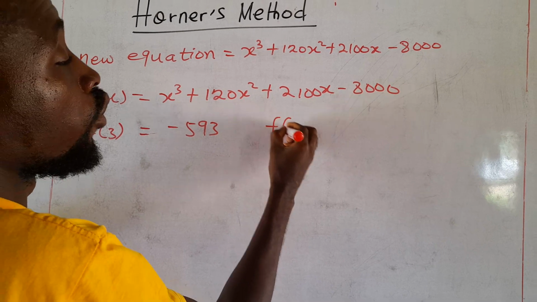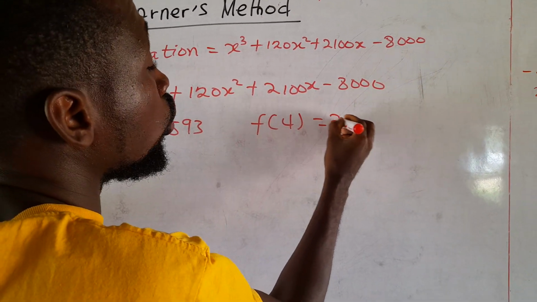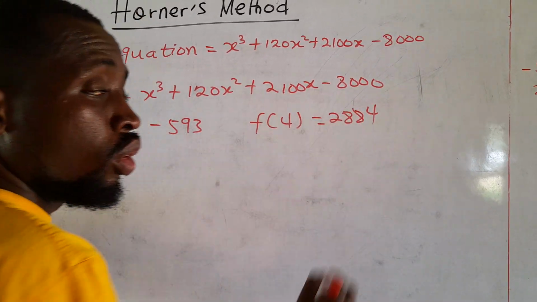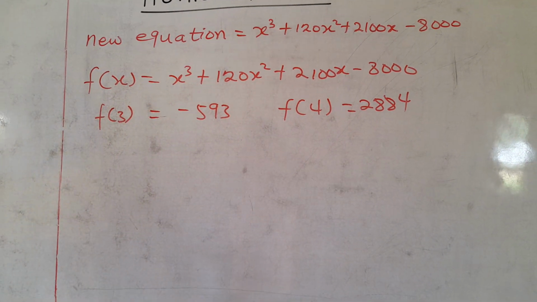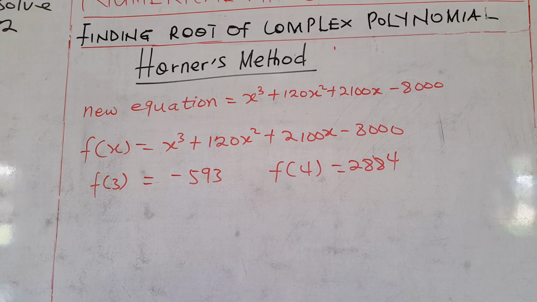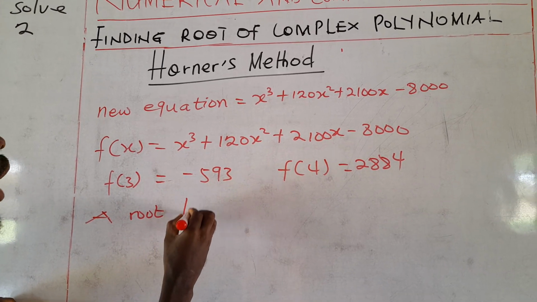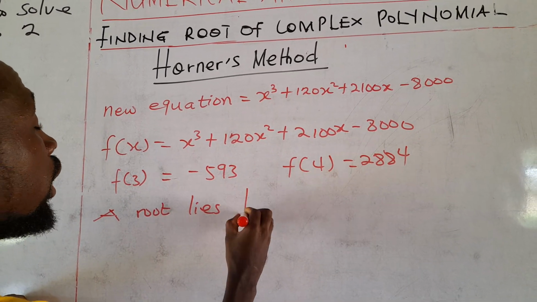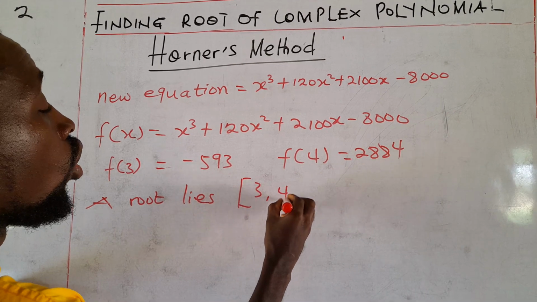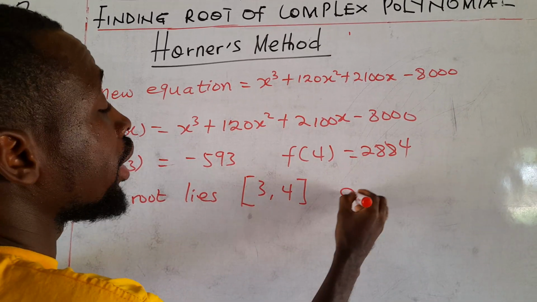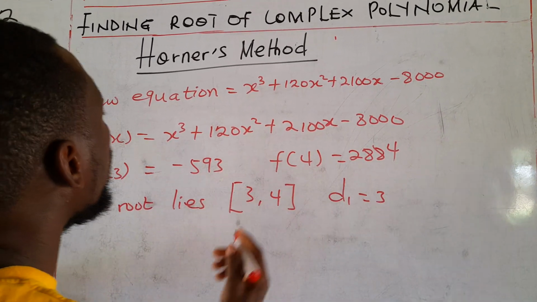And when we find f of 4, we'll get 2884. So we can say a root lies within the interval 3, 4 closed. So our d1 is now 3.